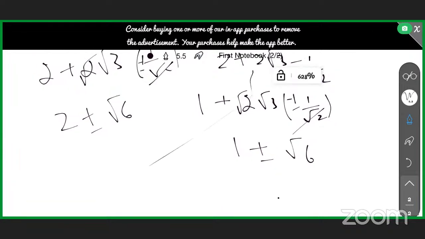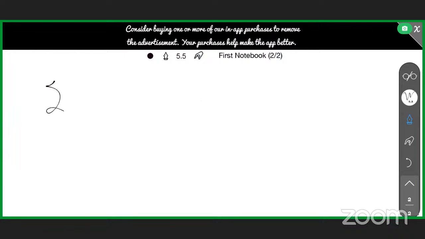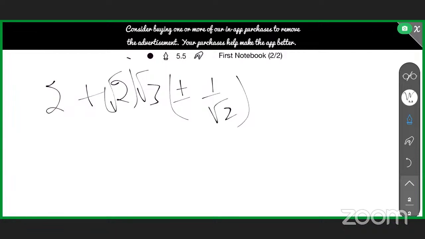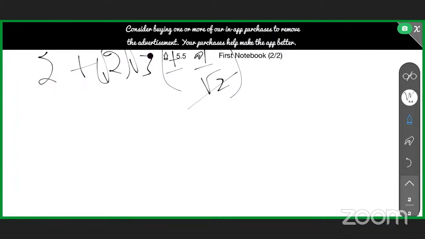See, sir, I'm telling you: 2 plus 2 root 3 into plus or minus of 1 by root 2. Multiply root 2 whole square and root 2. 1 is getting cancelled now. Multiply 2 plus into plus or minus 2 root 2, 2 root 3, root 6.